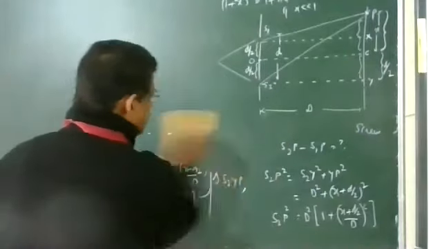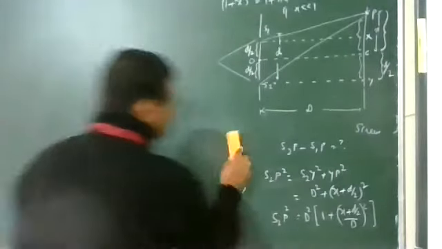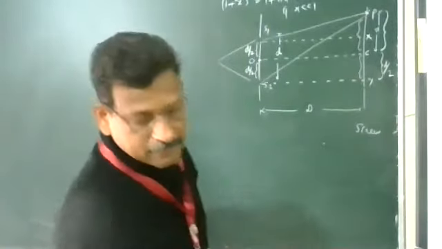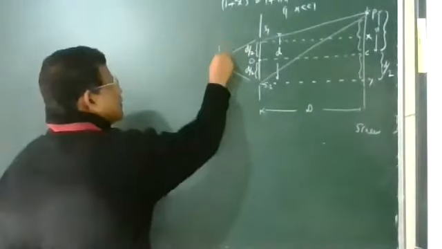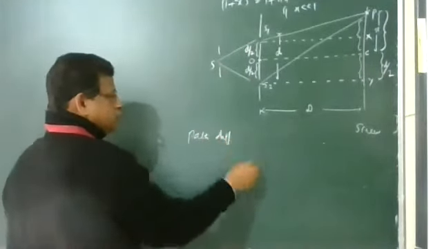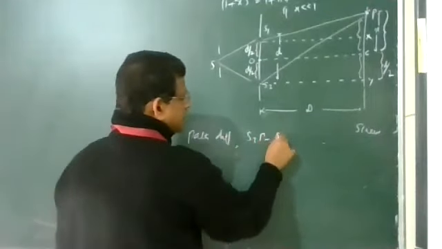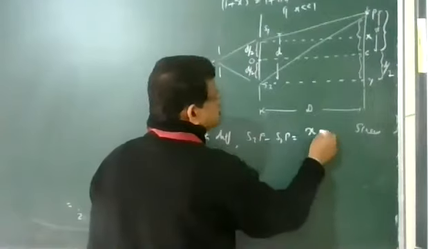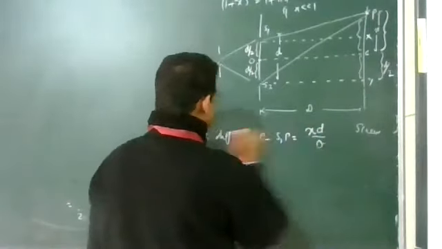Path difference is given by, from the geometry, S2P minus S1P, which is equal to X into small d divided by capital D. Very important.